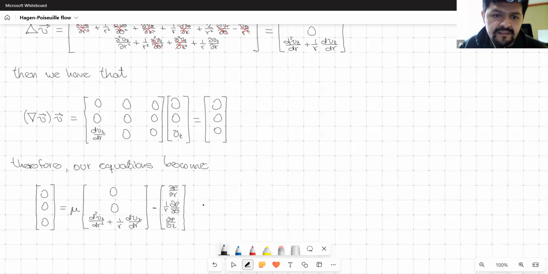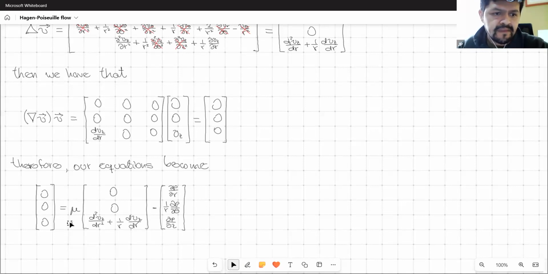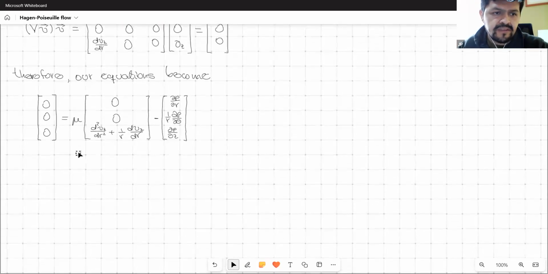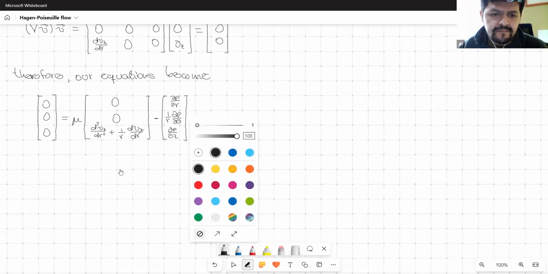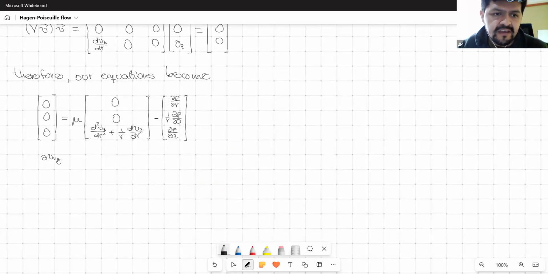And nothing else, because as we said before, we're not considering the body forces on the problem. Doing it that way, then, in a similar way as we did for this, the divergence is essentially the derivative with respect to r of r times v_r, partial.